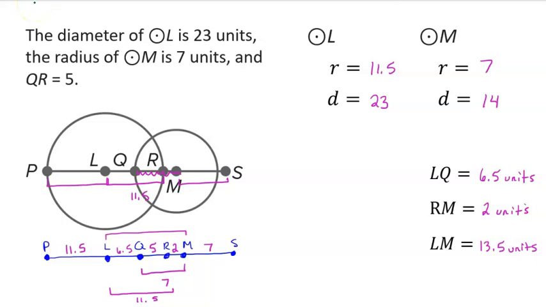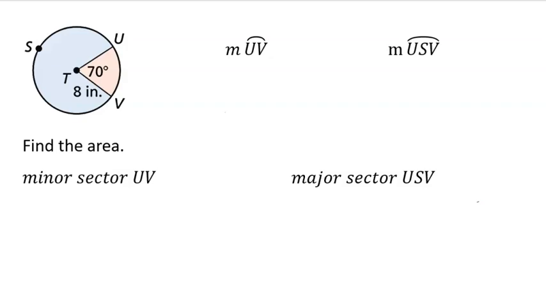And looking from here to here, that's going to be 14. And so this works out, and I just want to make sure that everything is on the up and up. Now let's switch gears into talking about sectors and arcs.